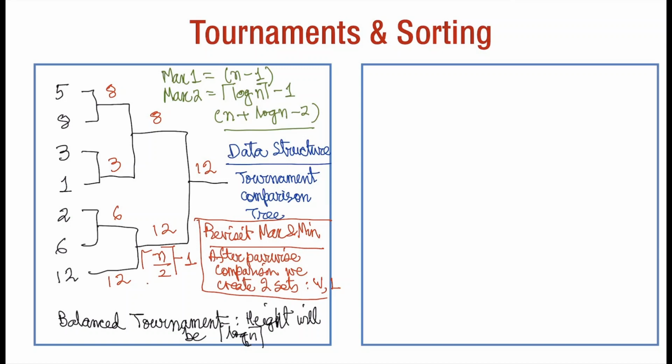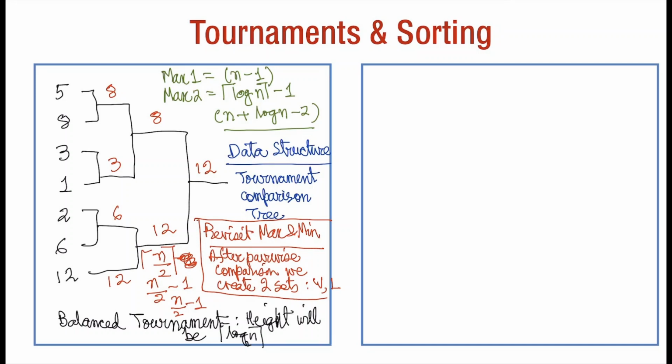Then n by 2 minus 1 to find the largest from the winner set, and n by 2 minus 1 to find the smallest from the loser set, which again gives us our 3n by 2 minus 2 formula.